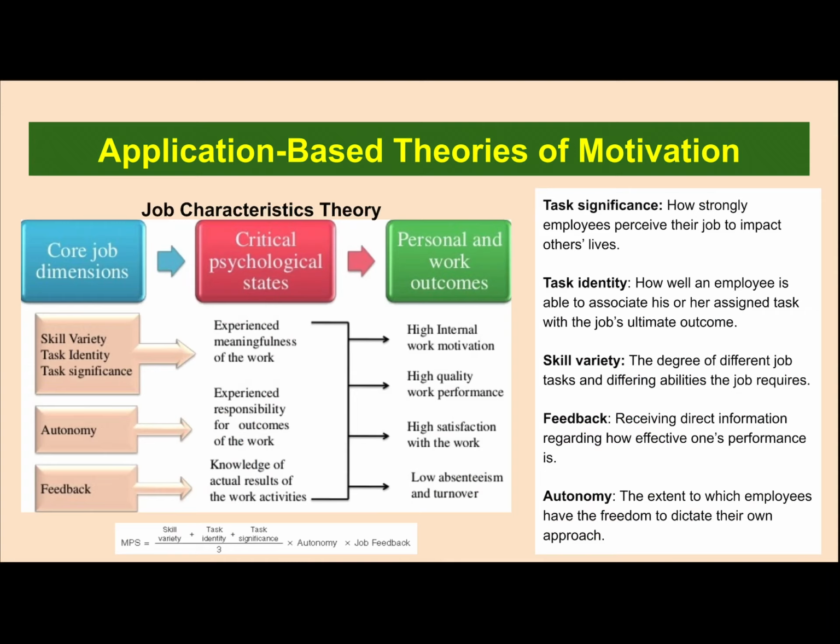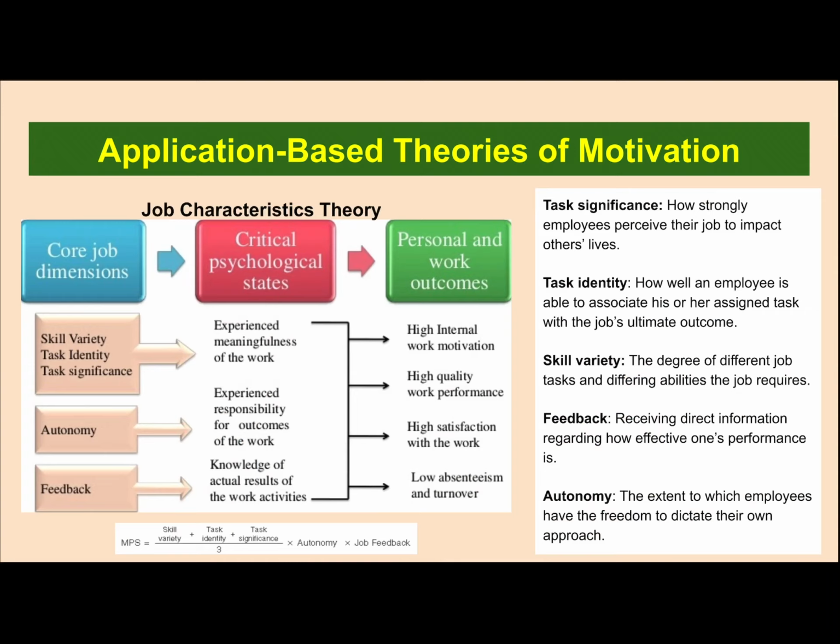If we have high levels of these core job dimensions, we will experience meaningfulness, responsibility, and knowledge of what we're doing, and all of that will lead to motivation, high performance, high job satisfaction, and a lack of undesirable things like absenteeism and turnover.